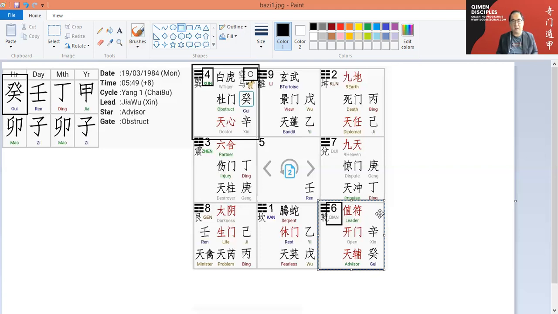However, there are a lot of situations whereby this particular emptiness is actually not a real emptiness. That means during the year of Taisui. What is the year of Taisui? Taisui means that every year there's a specific stem and a specific branch that will have a Taisui. For this particular chart being plotted, there are a couple of Taisui involved.